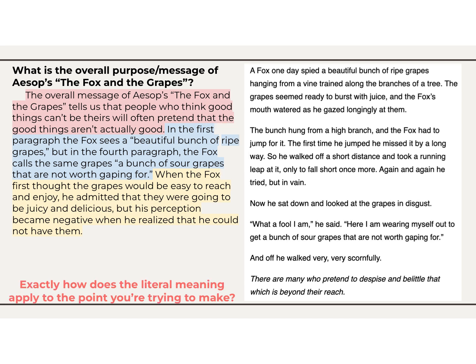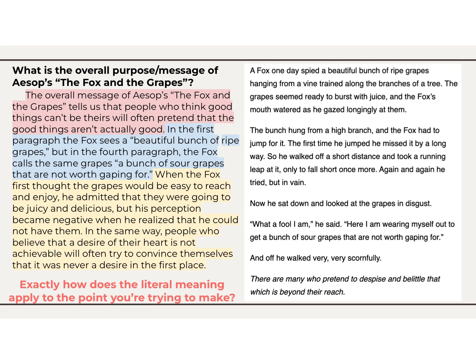And now we get to answer the question, exactly how does that literal meaning apply to the point that you're trying to make? Remember, this is the point that we're trying to make up here. How does this evidence, which we have just described, the evidence means this, how do these things apply to the point we're trying to make? In the same way, people who believe that a desire of their heart is not achievable will often try to convince themselves that it was never a desire in the first place.